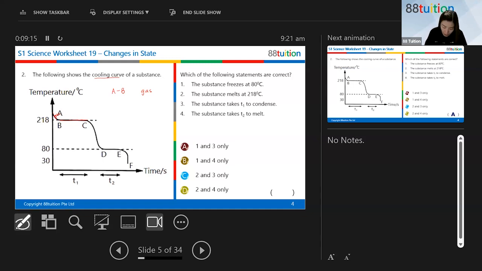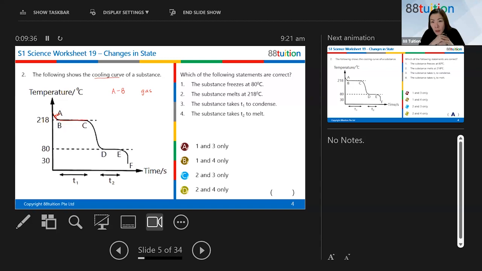It will come to a point where the particles are moving very slowly and come closer together. What happens there? Remember in primary school, you learned that when a gas hits a cool surface, it loses heat energy.